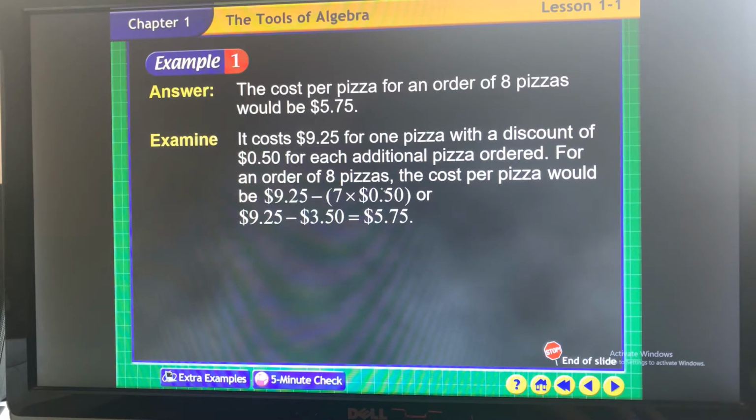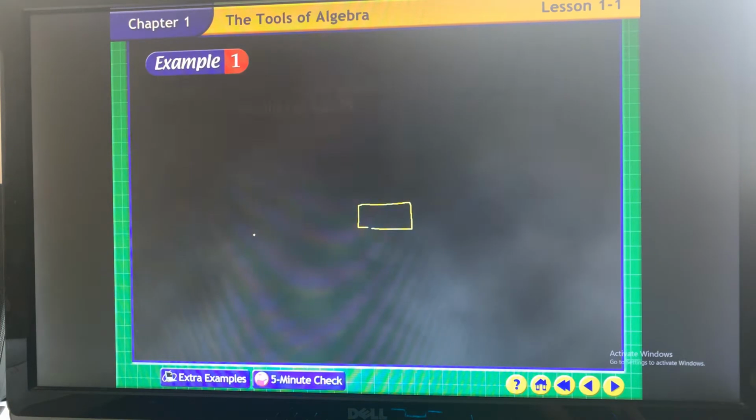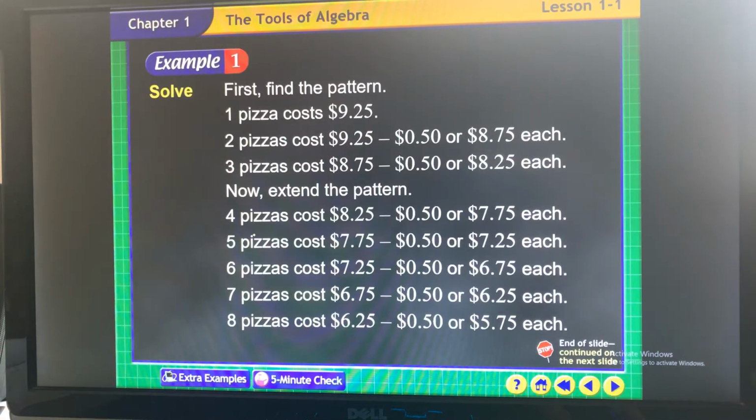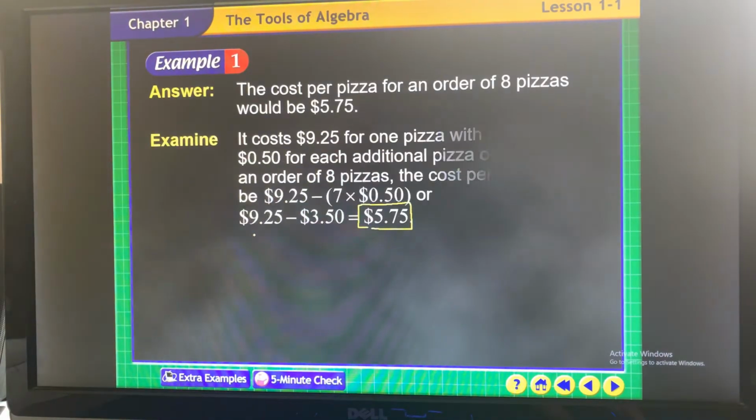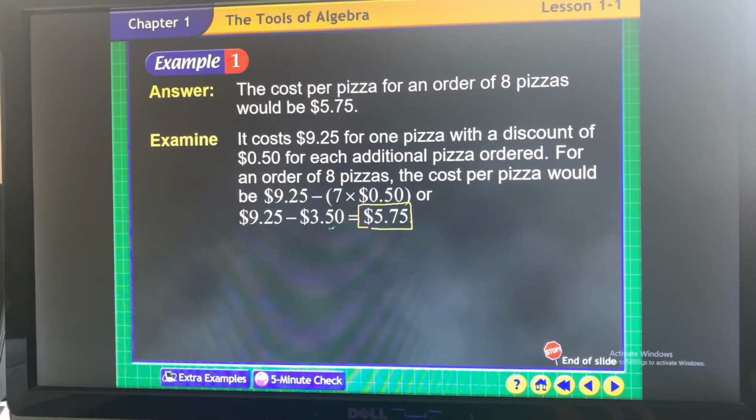So you get a total discount of $3.50, and you're just going to take it away from the original first pizza price to find out that the pizza will cost $5.75. So you could do it this way, right here, and just keep taking 50 cents off, or you can say, I took 50 cents off 7 times, so that's a discount of $3.50 off the original $9.25 first pizza price.